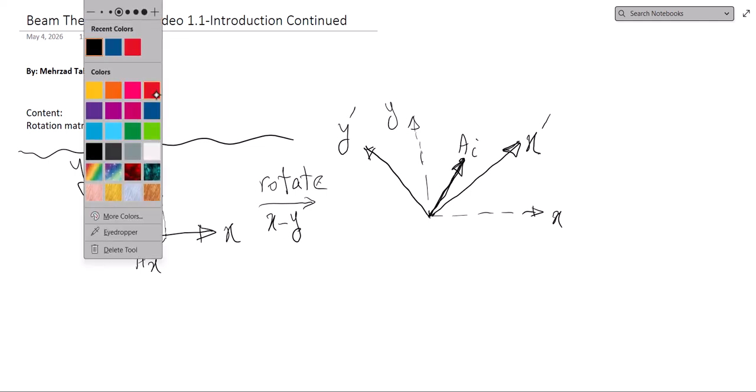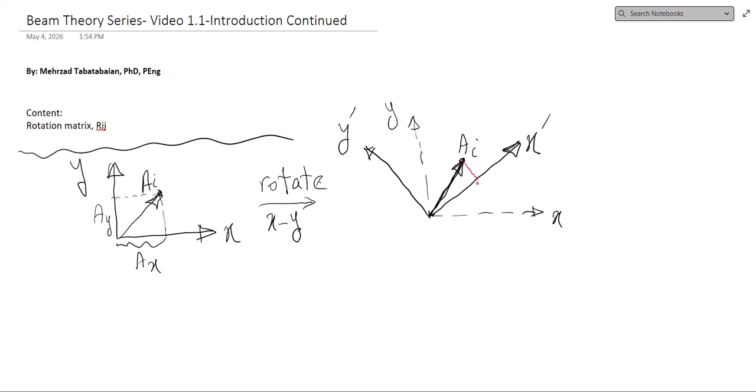Now in these coordinates, obviously the components will change. So if I come here, this will be my new components on the x prime y prime axis, which is different from that. Note that the Ai is the same, the magnitude of Ai is the same, but the component changes.